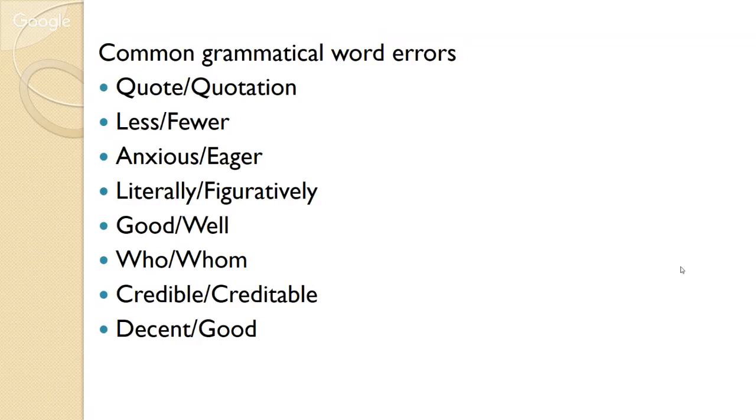You're not doing good, unless you're Superman. Who and whom. So you may recall that the three parts of a sentence are the subject, verb, and object. Who refers to the subject of the sentence. Whom refers to the object. So who is the actor? Whom is the receiver?